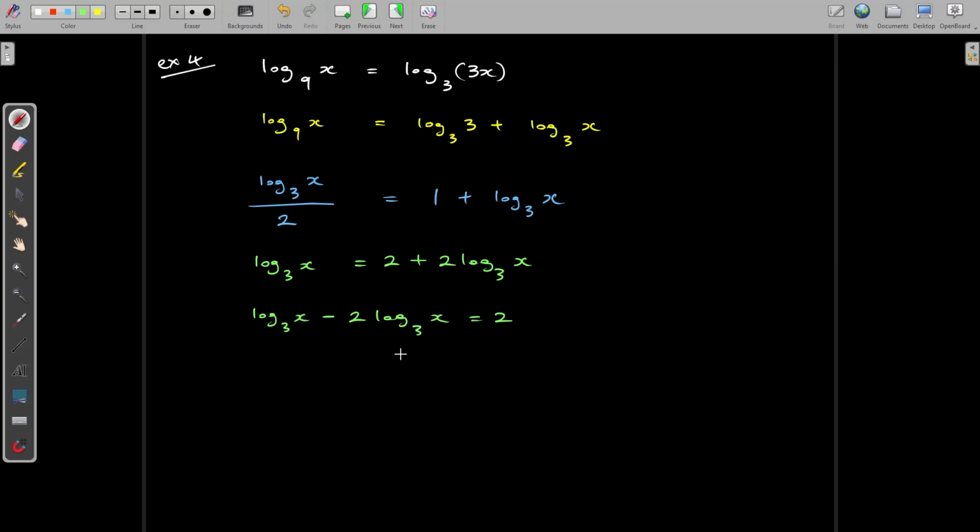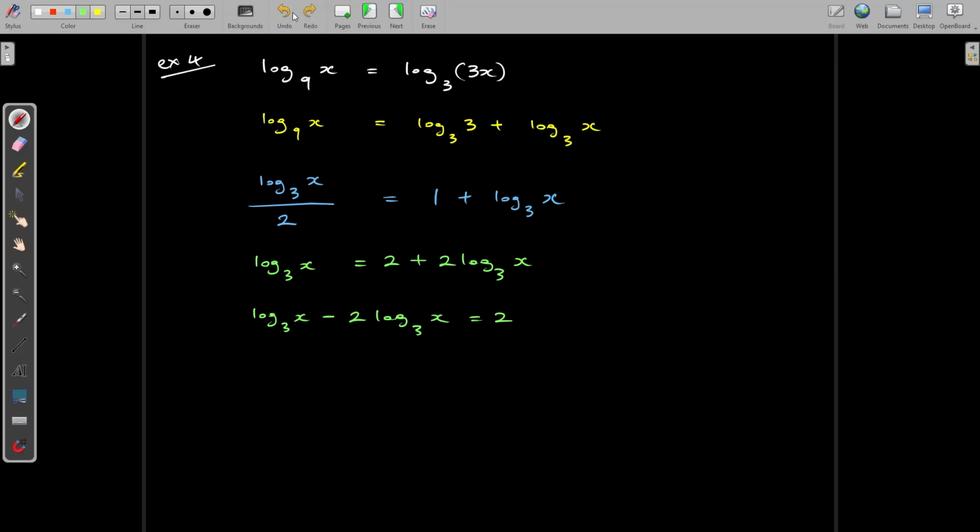And of course, how do I show you this now? We have the same base 3. However, there is something we can do with this 2. We can bring it back to the power.